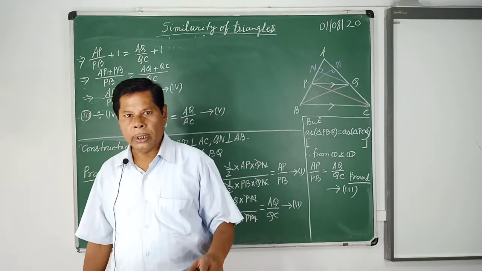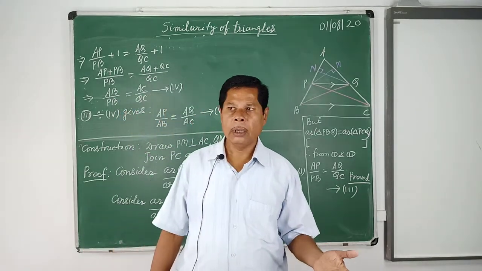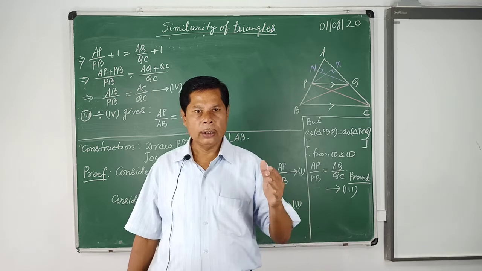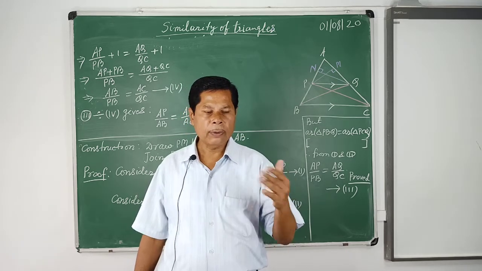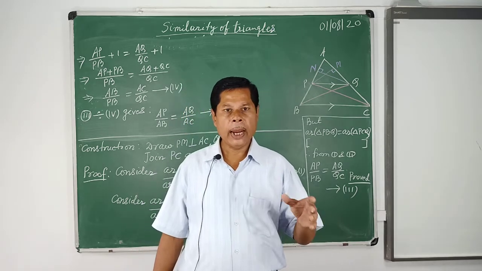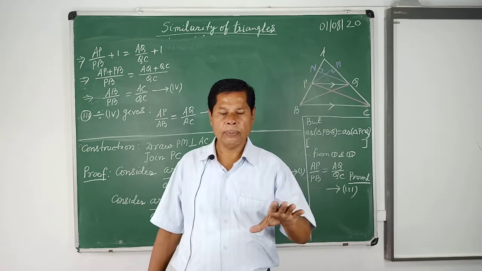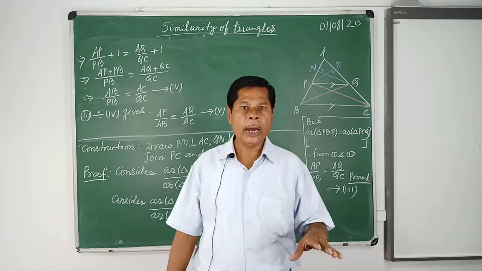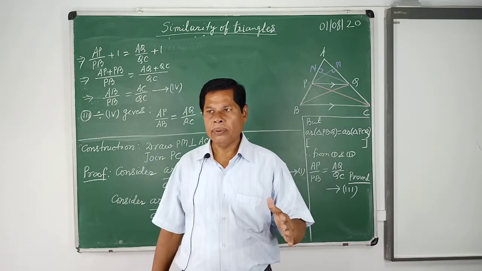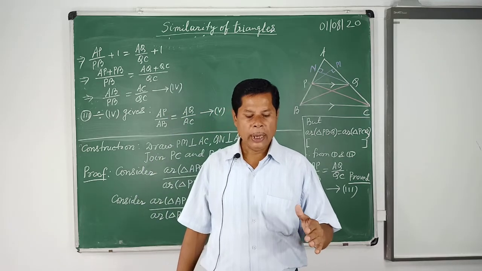Now, as entire chapters, 3 chapters have been done, one by one we shall discuss, and in similarity there are 5 theorems, 6 theorems, and one by one we shall discuss all the theorems.